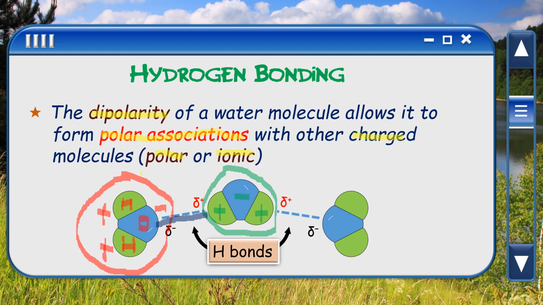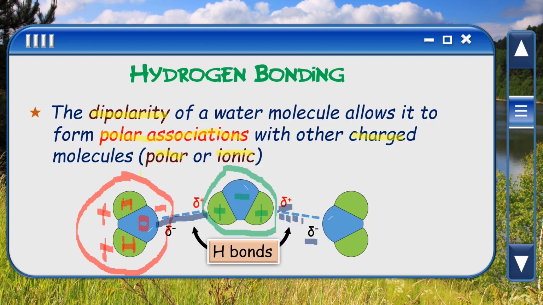Why is it like that? It's because oxygen is partially negative, and hydrogen is partially positive. So because of those polarities, hydrogen being positive, oxygen being negative, there is a bond which is created.